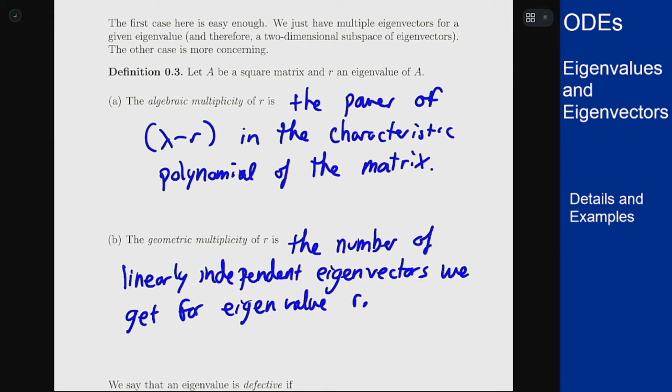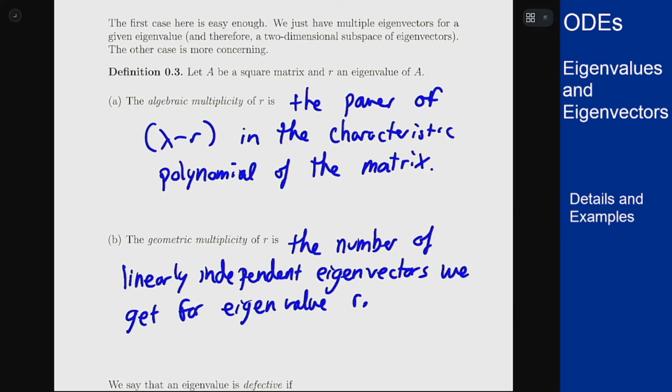So from the last example, for that first matrix, [[3, 0], [0, 3]], we had that the algebraic multiplicity, or the power of lambda minus r, was 2. It was (lambda minus 3) squared, so 2. And there were two linearly independent eigenvectors. For the second case, with algebraic multiplicity 2 as well, it was still (lambda minus 3) squared, but there was only one linearly independent eigenvector.